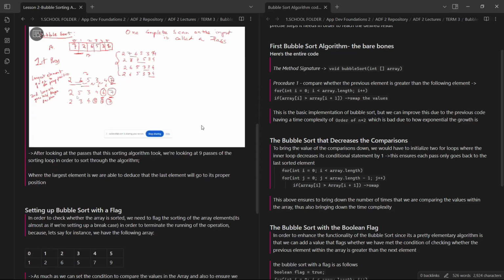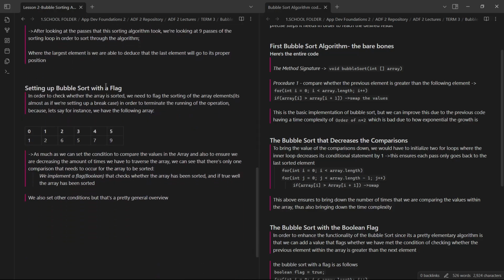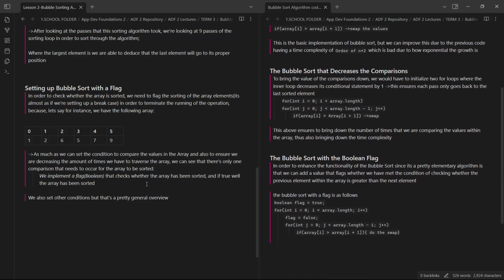Right, great stuff. After looking at the passes, I didn't make these notes nice here, but now we move into how to get our bubble sort functioning the proper way, which is by setting a flag. Because the main reason bubble sort has a bad time complexity, which is linear, is that the more inputs you have, the more time it takes to sort them, right?